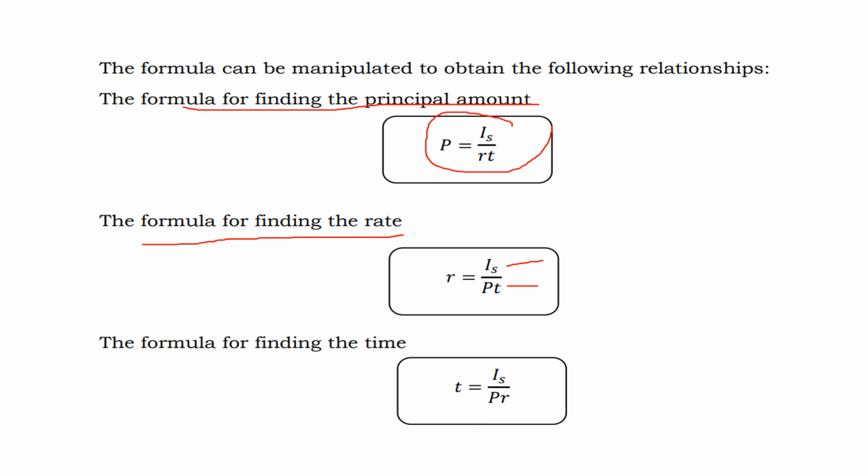Now, for the formula for finding the time, it's the same scenario. We divide your simple interest by the product of your principal and the rate of interest. So the time or term should be in terms of years. So please do check if the time is in terms of years. If not, then we need to convert this.